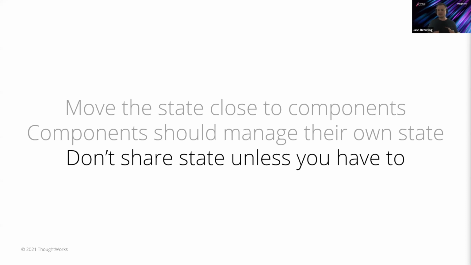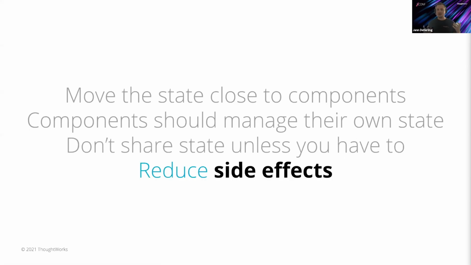Previously, we sometimes felt like, okay, we just put it in the global state because there might be another component that can make use of it. And now we're trying the exact opposite. We won't share anything unless we really need to. And we do that because it reduces side effects for us. A common side effect of state is when you have multiple micro front ends, there might be one micro front end which can manipulate that global state, which has direct implications on your component, and then will change your component.